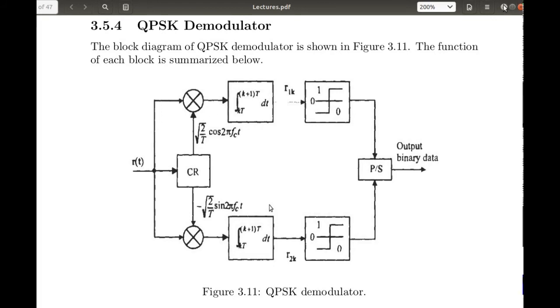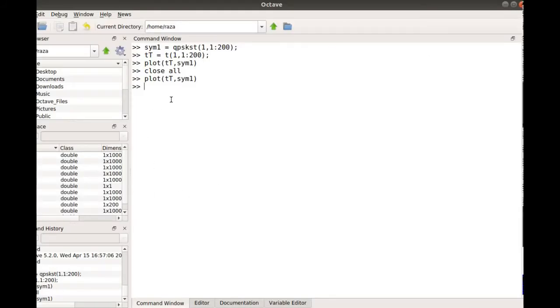I'll say the product is equal to my symbol 1, which is the received symbol, multiplied by the carrier, which I would write in brackets as square root of 2 multiplied by cos of 2 pi fc, and the time interval is just the first time interval.